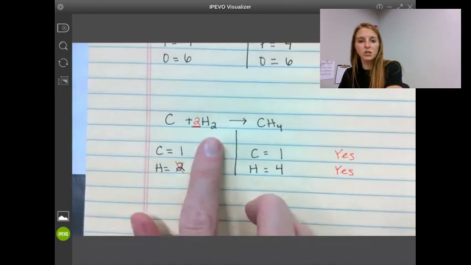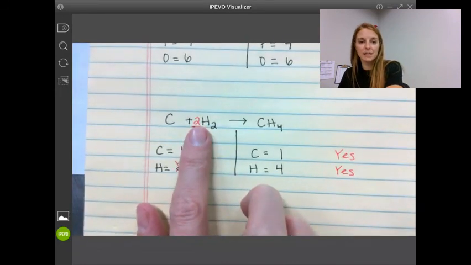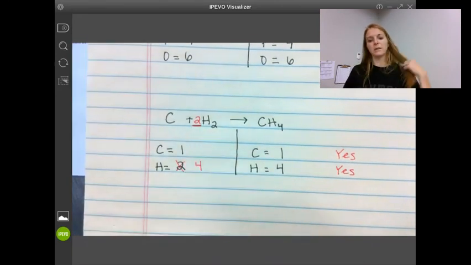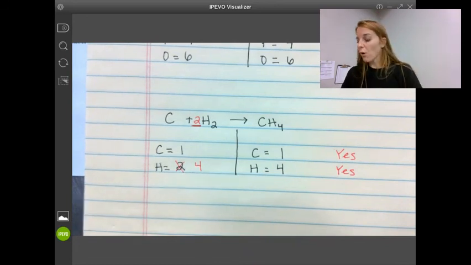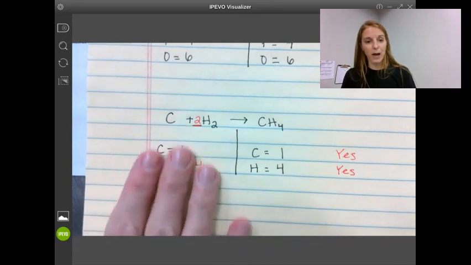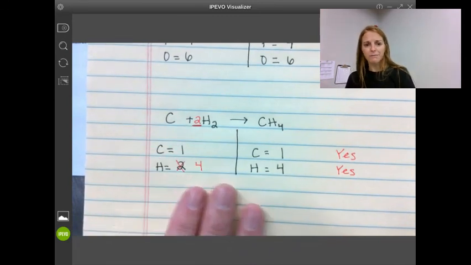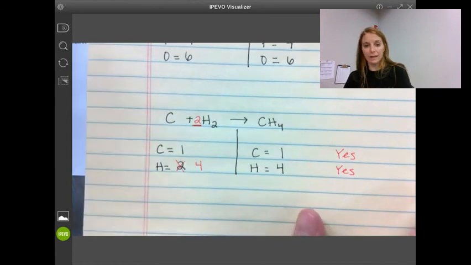I'm not going to test you over being able to balance them yourself. Maybe I'll add a bonus question on the test where you can try to balance it, and if you get it right, you can get the bonus point, but it won't hurt you. But the goal is for you to understand how to pull out how many atoms are there, and then understand whether or not it's balanced.